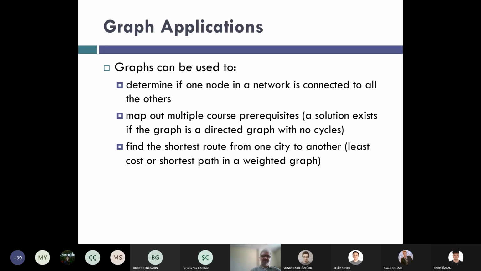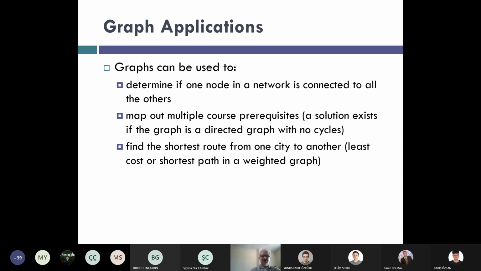Okay, we can talk about several different applications of graphs. Actually, in your project, you are asked to use a graph in your application as well. So you have to find an application of the graph in your project somehow. Graphs can be used in different places.